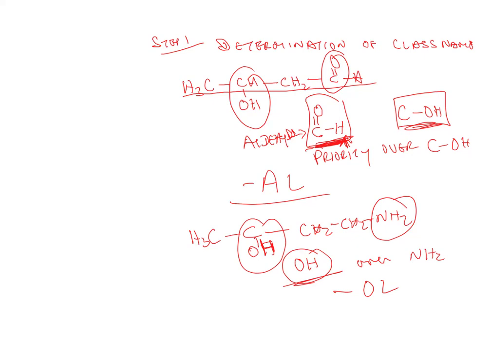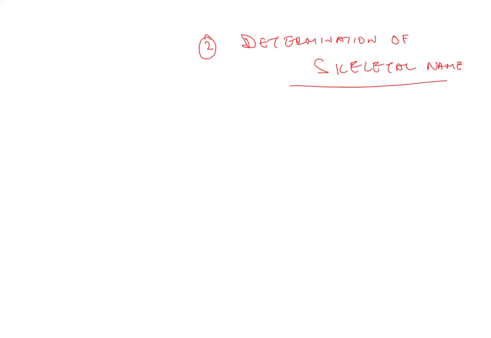So we select the chain that has the functional group with the highest priority. That's what we do first. Then determination of skeletal name. So for skeletal, we have to know whether it is aliphatic or alicyclic.